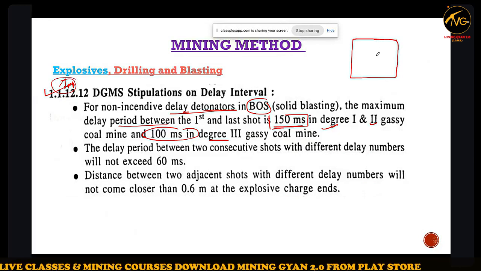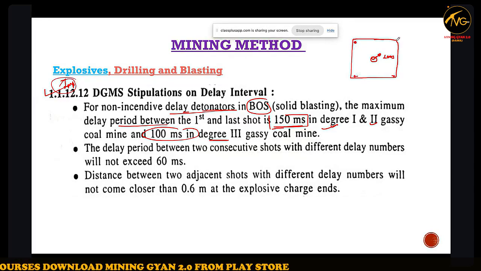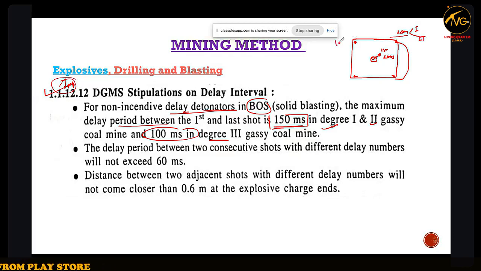So if you blast this first hole, suppose 1 millisecond, and this is your last hole, then 150 millisecond for degree 1 and degree 2, and 100 millisecond for degree 3. Degree 3 should blast early.